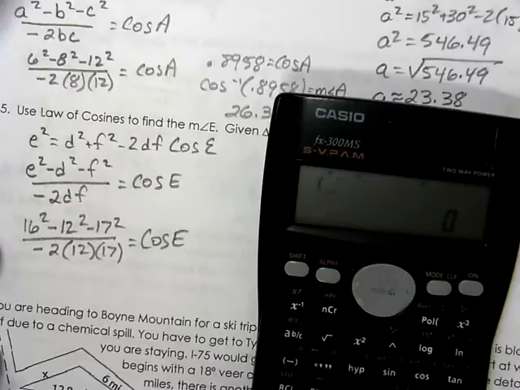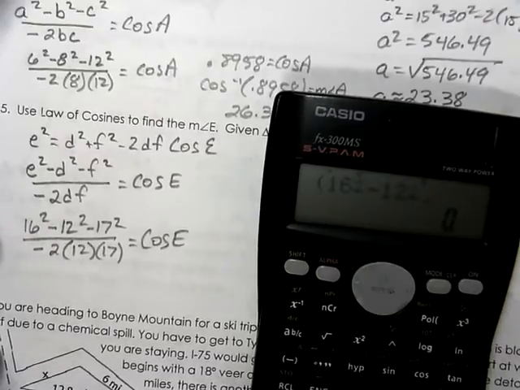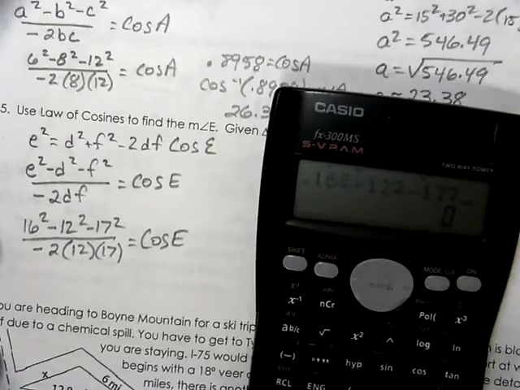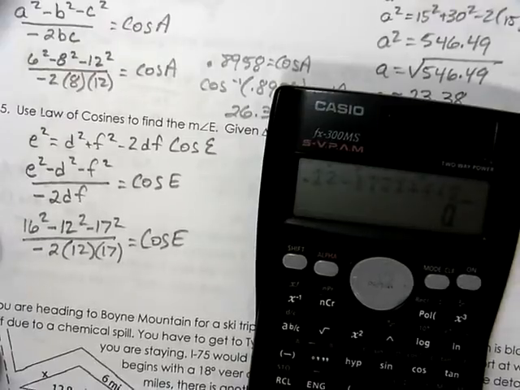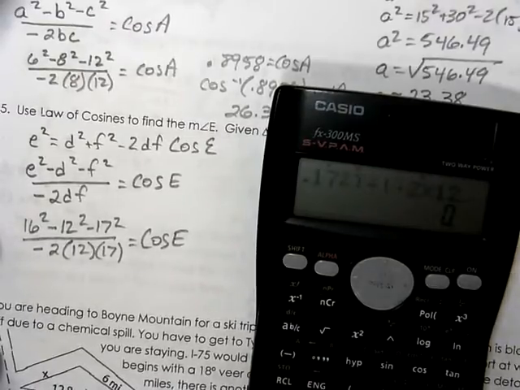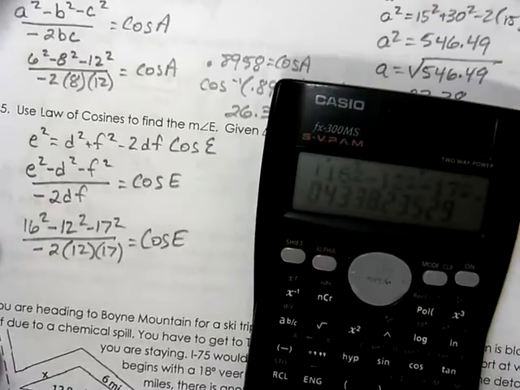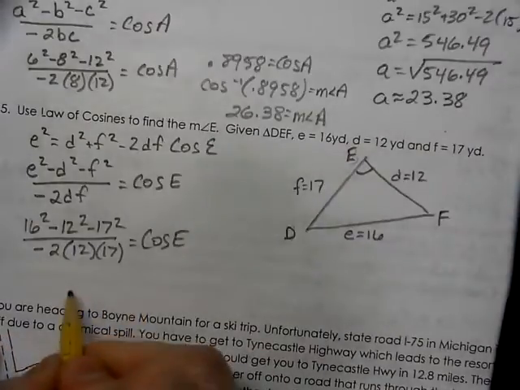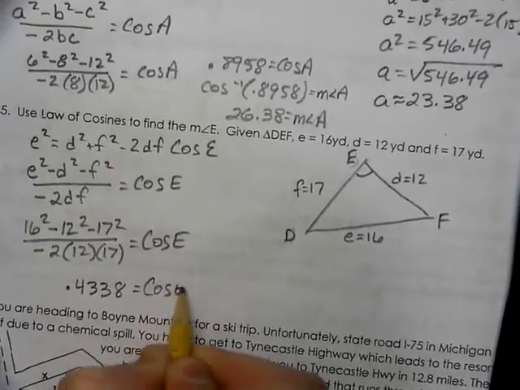We need to use parentheses to represent the top of the fraction. 16 squared minus 12 squared minus 17 squared divided by negative 2 times 12, don't forget parentheses for the denominator, times 17. That gives us 0.4338. That is the cosine of E.